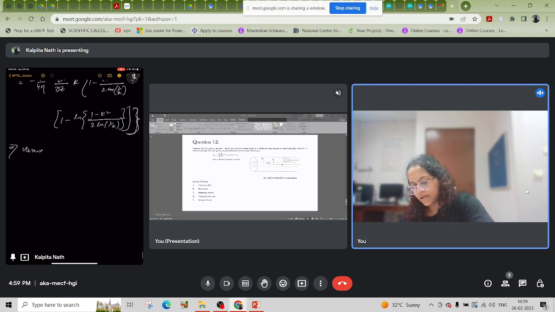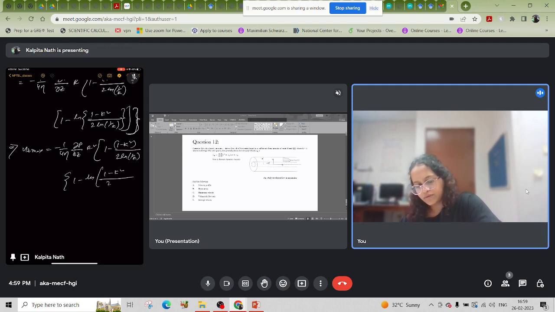Or uz max is equal to minus 1 by 4 eta del p del z r square 1 minus kappa square by 2 ln 1 by kappa, here 1 minus ln 1 minus kappa square by 2 ln 1 by kappa.